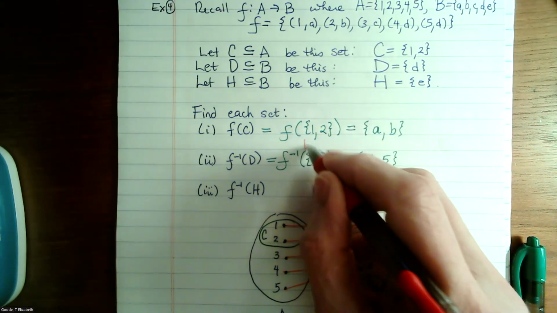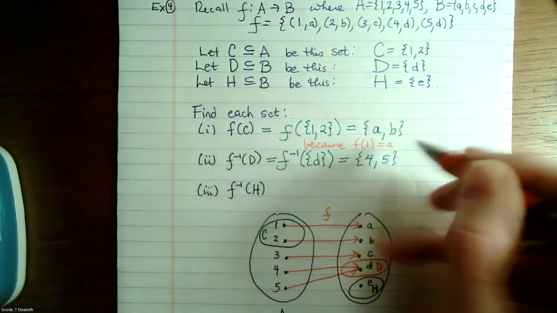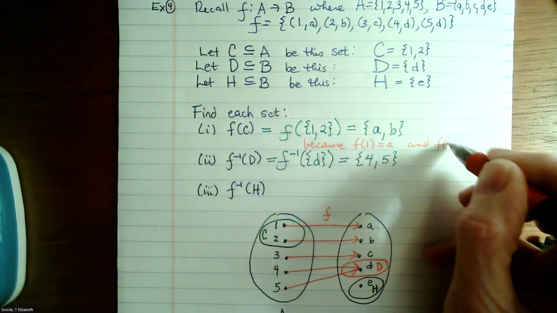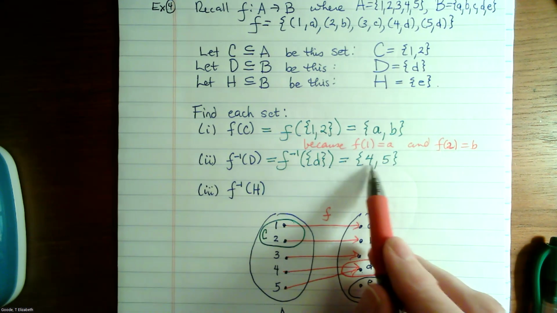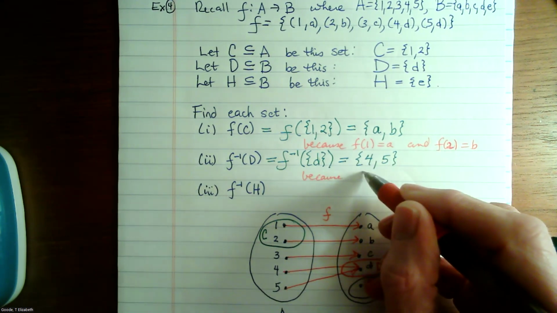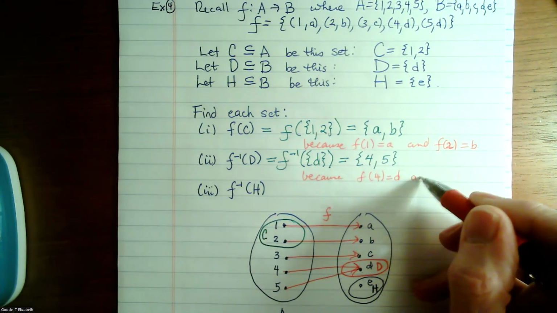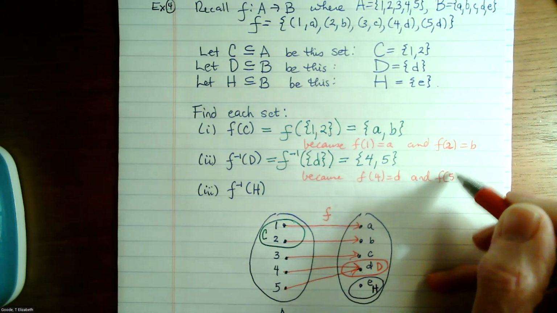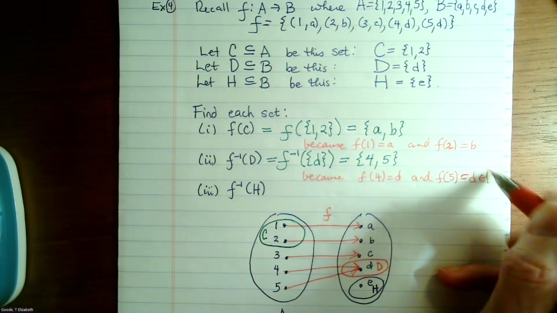Well, it's because f of 1 is A and f of 2 is B. And why is f inverse of the set D 4 and 5? Well, that's because f of 4 is D and f of 5 is equal to little d, and they're both elements of big D.